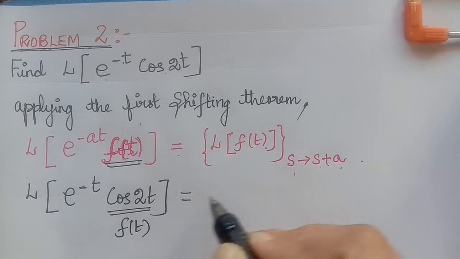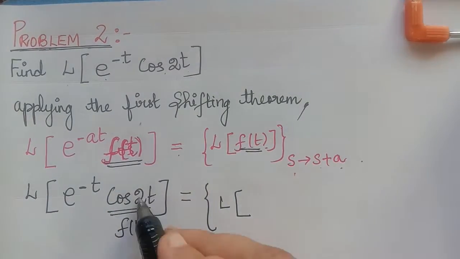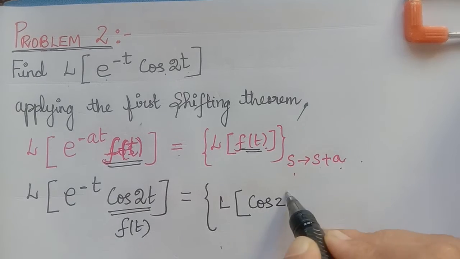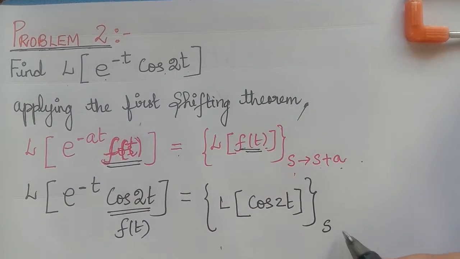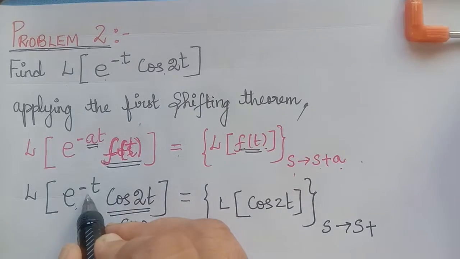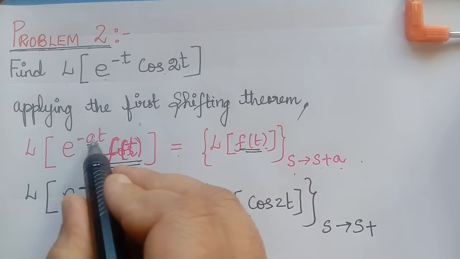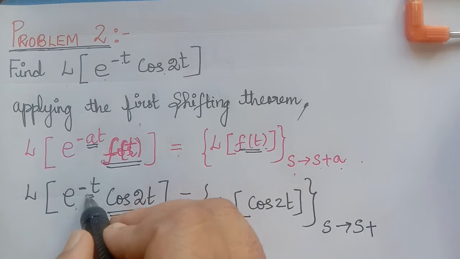So this will be equal to L of f of t, that is cos 2t, in which we have to replace s by s plus a. What is a? If you compare these two, the value of a is the coefficient of t irrespective of the sign. So the value of a is equal to 1.